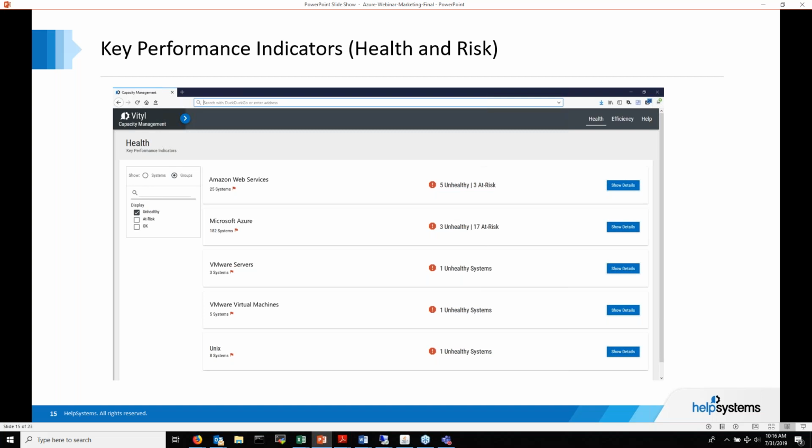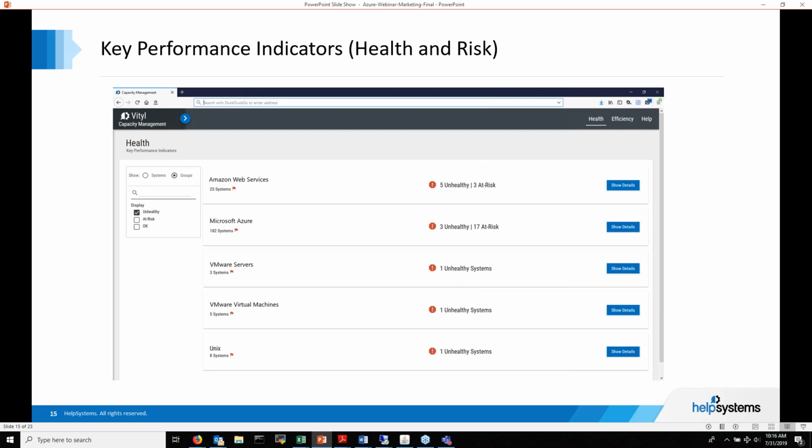You don't have to go investigate to find out where the problems are. We're bubbling those up for you. And the first part of key performance indicators I want to focus on was health and risk. And those two are very tightly coupled. Health being, what is my current performance, and do I have bad performance or good performance right now? Risk being, am I at risk for having performance problems going out into the future?